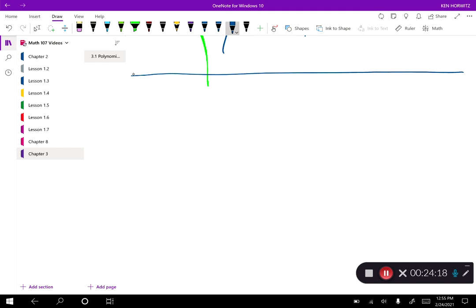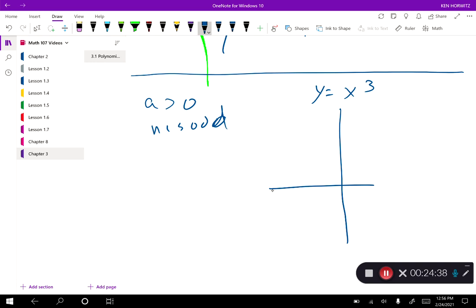All right. Now the third category, now we change. We can go back to a is greater than 0. And n is odd. So I'm going to have y equals x cubed. And I'll sketch a quick graph. It's going to kind of look like this.